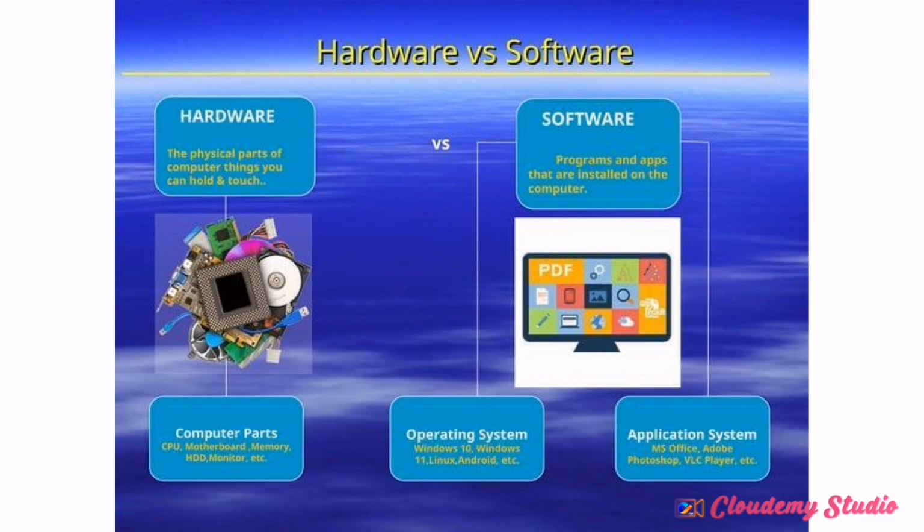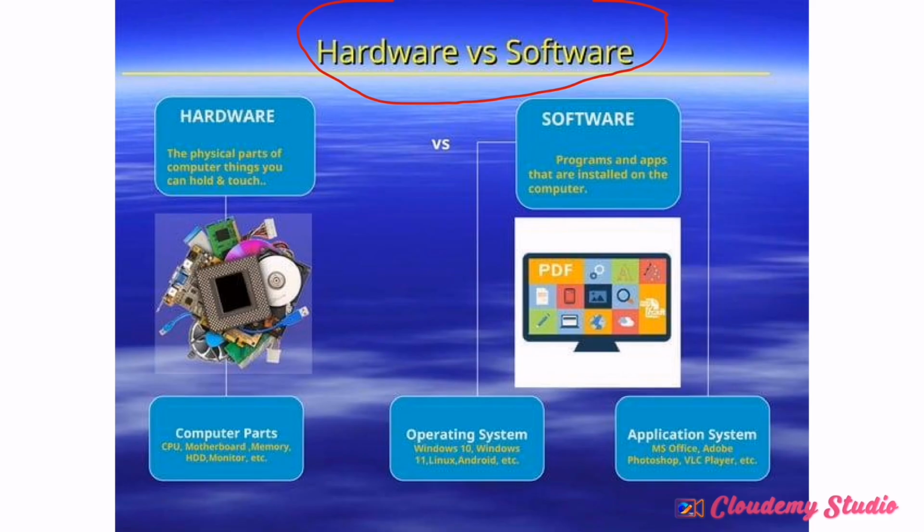Hardware versus software. Like I mentioned earlier in the previous topic, hardware is something that you can touch and see. Software is something that you cannot touch, but you can see its effect. Let me give you an easy example.